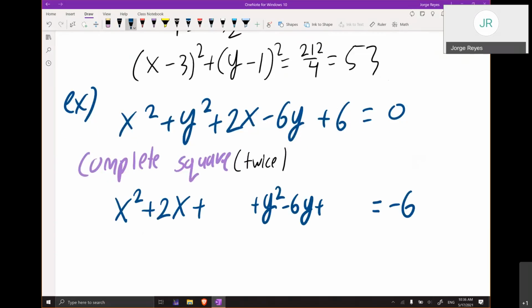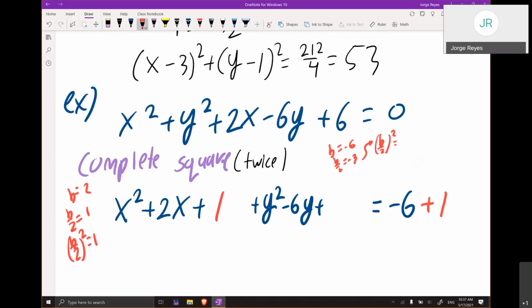Now I have to complete the square, so hopefully you're okay with completing the square. B is 2 here, B over 2 is 1, B over 2 squared is 1, so I'm going to add 1 to both sides. Over here, B is negative 6, so B over 2 is negative 3, so B over 2 squared is 9.